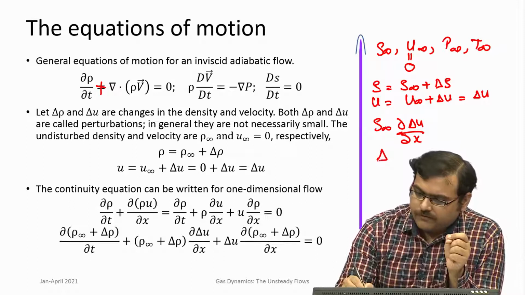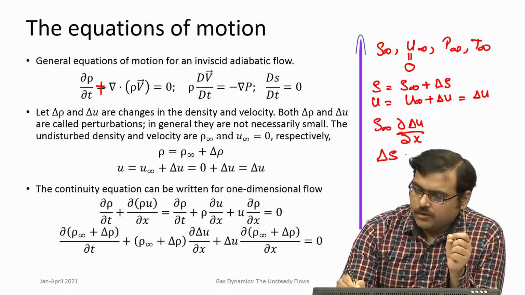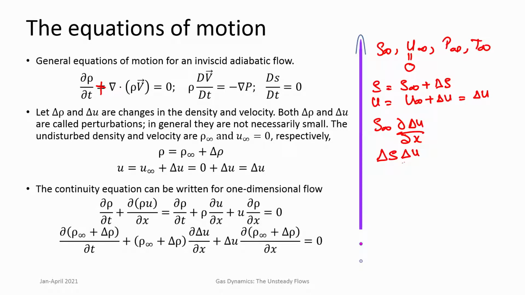But if you have multiplications of small quantities, Δu multiplied by Δρ, two small quantities multiplying each other become very, very small, so they are taken to be 0. Once you apply this principle to the equations, we can see how they get transformed to the evolution equations for Δρ or Δu, that is, the small perturbations.